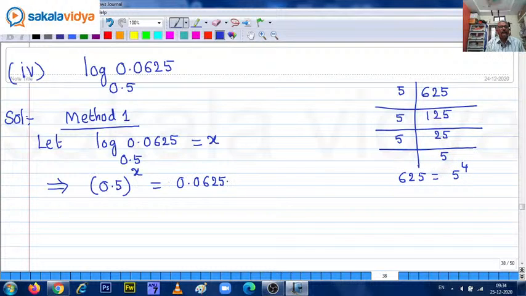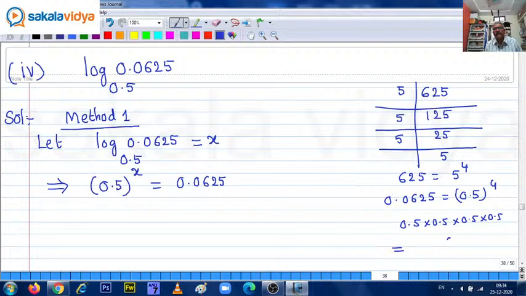But here 1, 2, 3, 4 points are there. That means 0.0625 is nothing but 0.5 all to the power of 4. Even if you multiply 0.5 into 0.5 into 0.5 into 0.5, actually 5 to the power of 4 is 625. How many points? 1, 2, 3, 4 points. You get the same thing itself only.